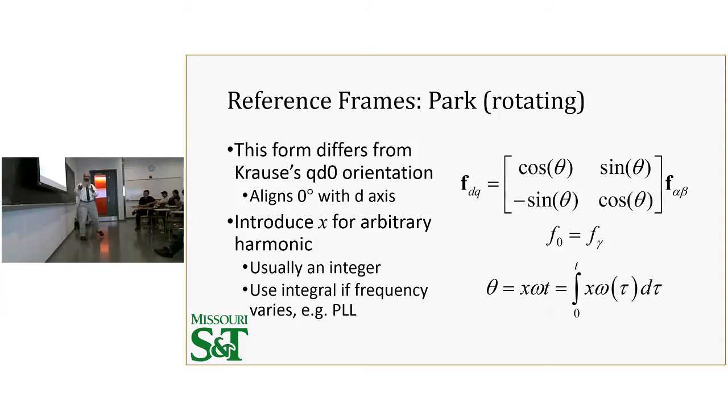I wanted to put a stake in the ground that if we see that it is a rotation matrix that you learn about in trigonometry, then it naturally aligns the D axis with the real axis and the Q axis at plus j, as opposed to the QD0 that has D at negative j, which never makes sense to me.